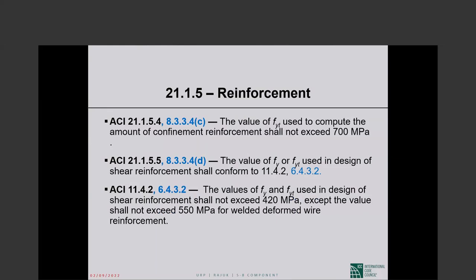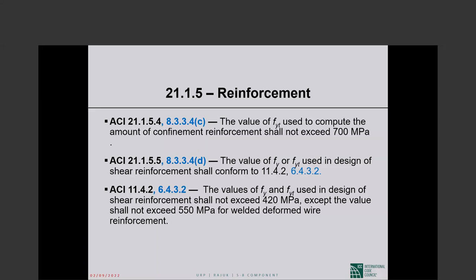The value of f_yt used to compute the amount of confinement reinforcement shall not exceed 100 ksi. Then it says the value of f_y, for longitudinal reinforcement, or f_yt, for transverse reinforcement, used in design of shear reinforcement. So transverse reinforcement in a beam or a column has a dual purpose. It confines the concrete.